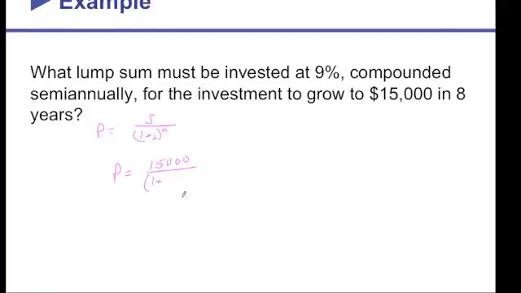Now i is R divided by K. So 0.09, compounded semi-annually, so K equals 2. And then we're raising this to KT, or n is KT, 2 times 8.